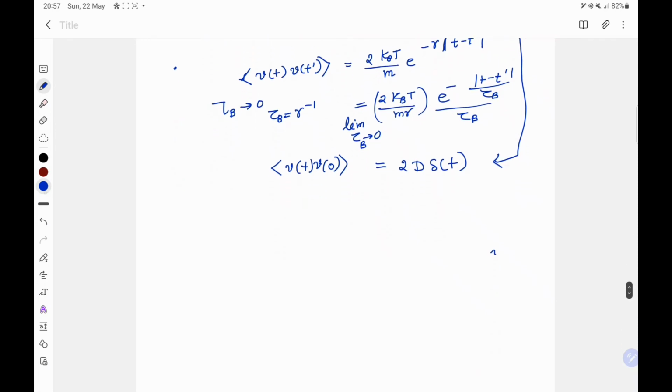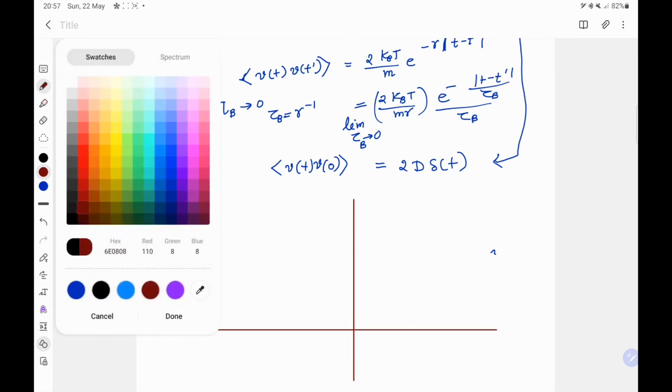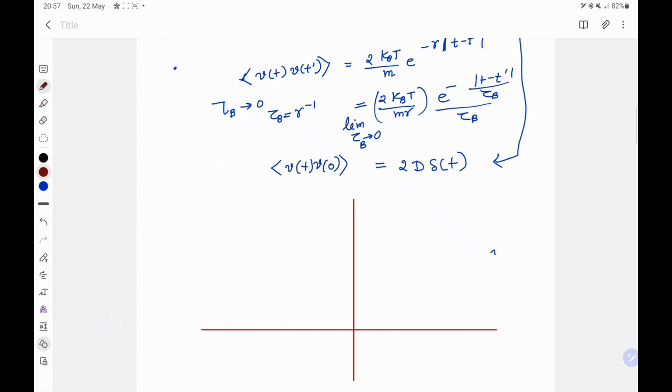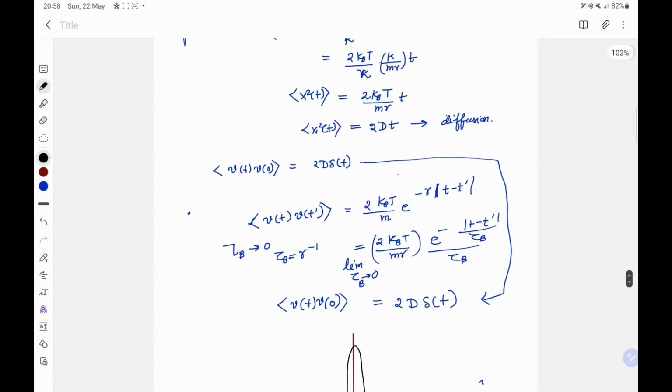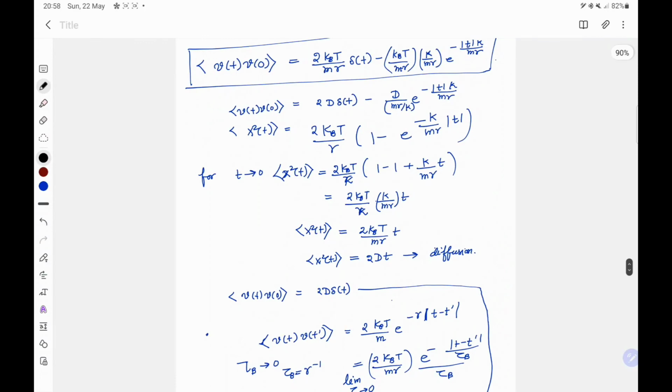So if you plot this, what will you have? Initially there is a peak in the velocity correlation due to the delta function, and it will decay and then tend to the 0 value, because it is ultimately decaying.